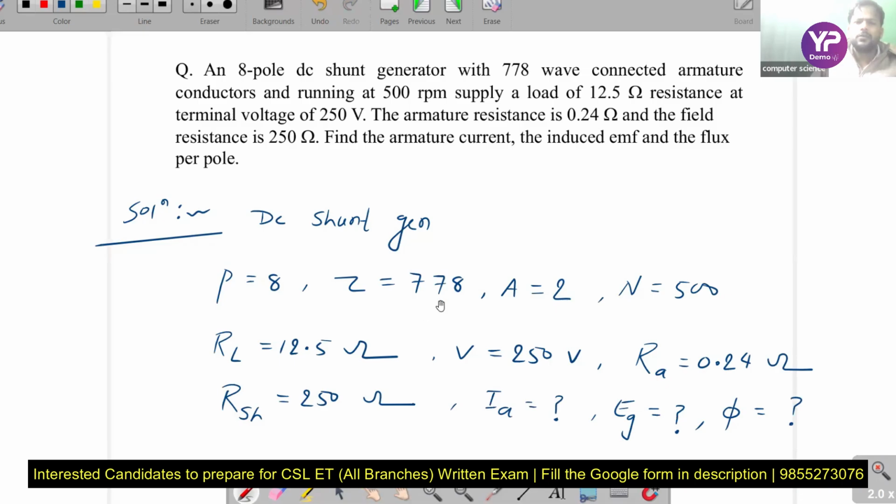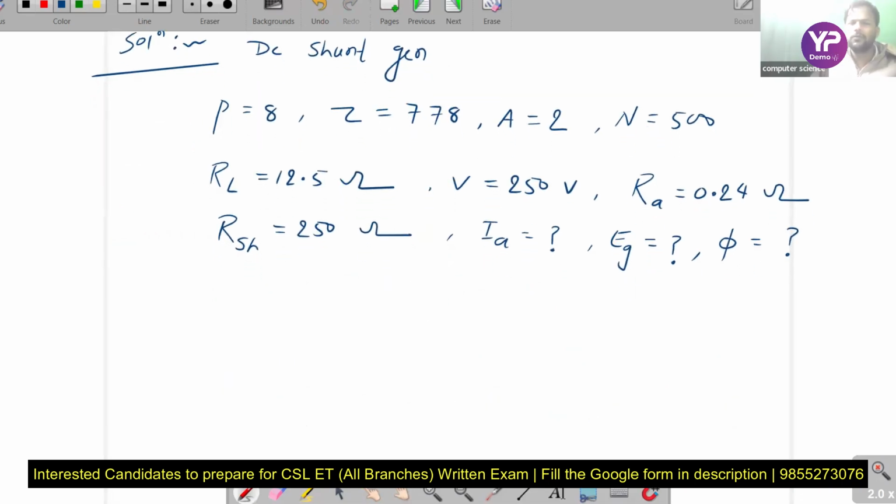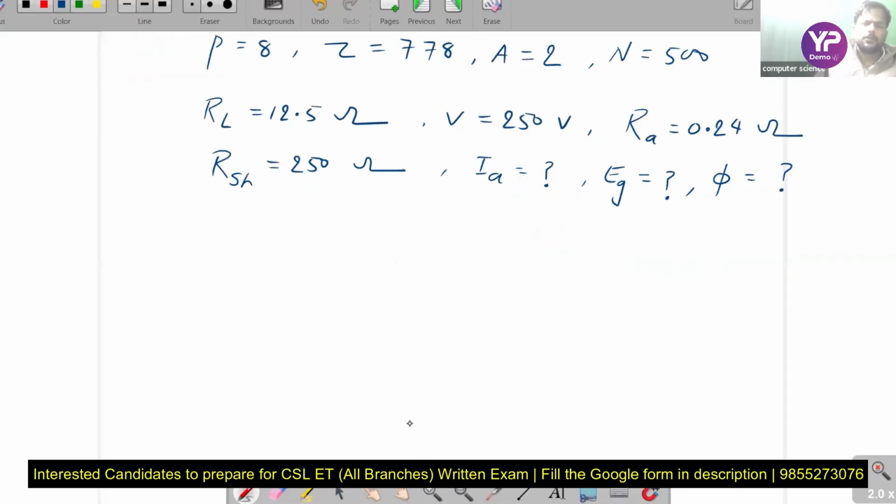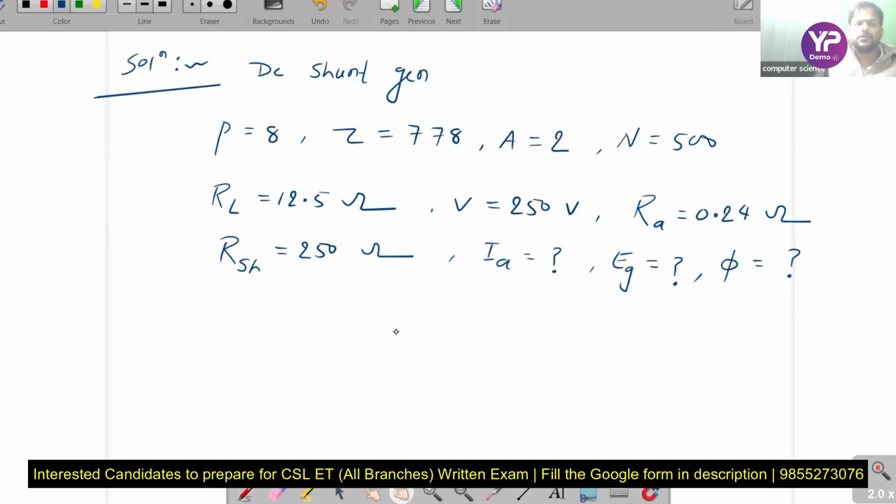To find this, first of all we find IA. Here we first draw the electric circuit of the shunt generator.